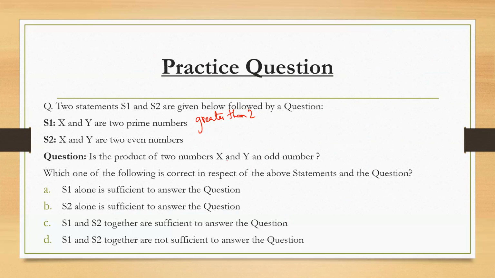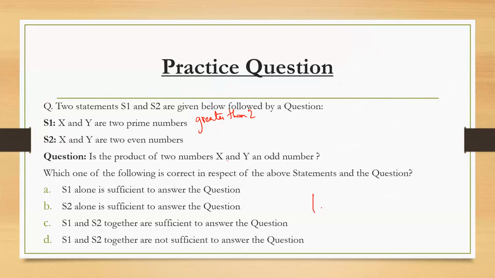ठीक है, which statement will answer my question? I have only made one change here, that is x and y are two prime numbers. अच्छा यहाँ पे, exactly ठीक है, यहाँ पे okay, I have not given that option.